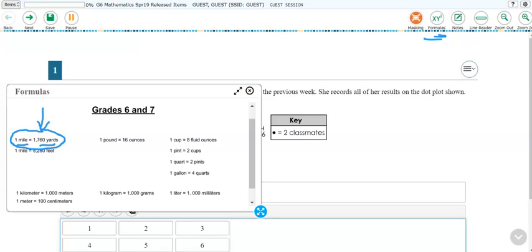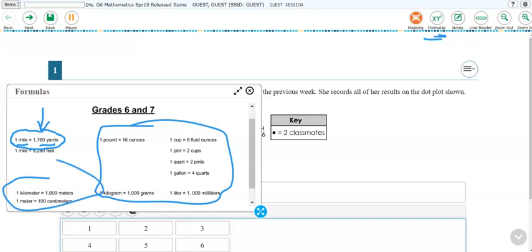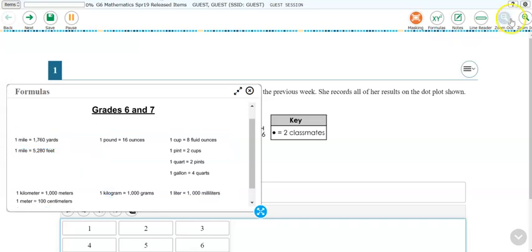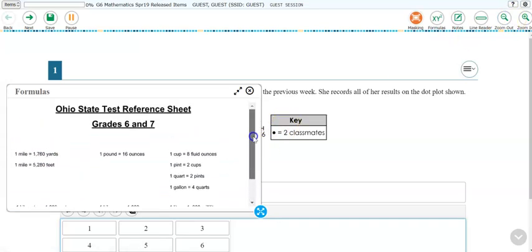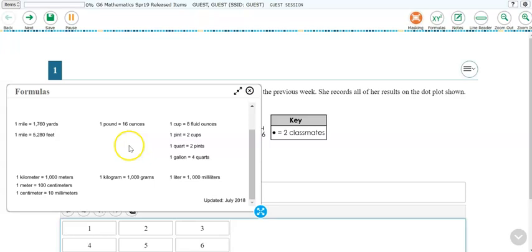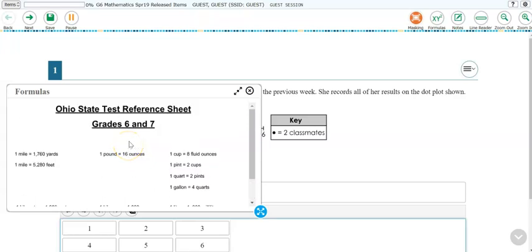Or you can use any of these other ratios that they have set up for you. So that's what that is for, and that's exactly the reference sheet they're going to have for their 6th and 7th grade math test. So you can see exactly what they have available.